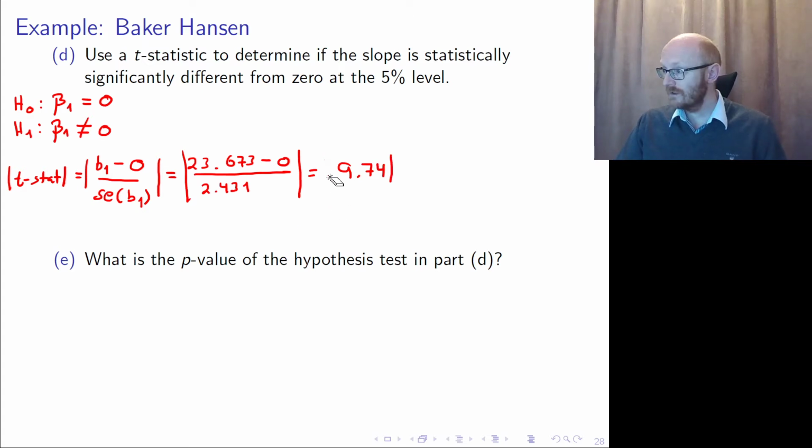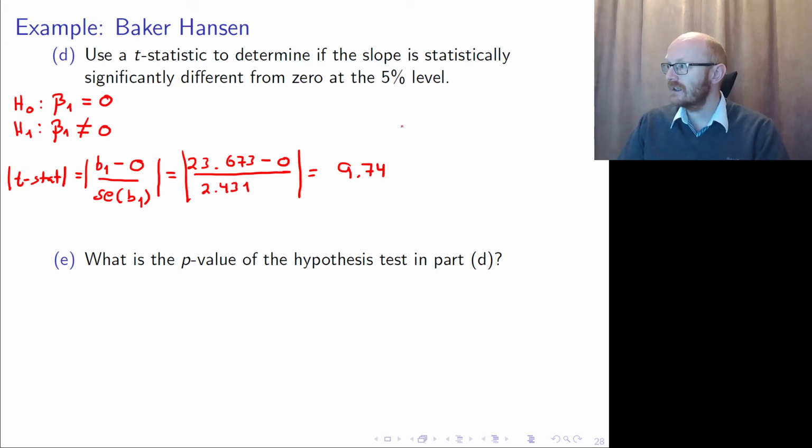Okay, so that would be 9.74. So what we know now is that the value of the slope, the coefficient value, is 9.74 standard errors away from our null hypothesis.